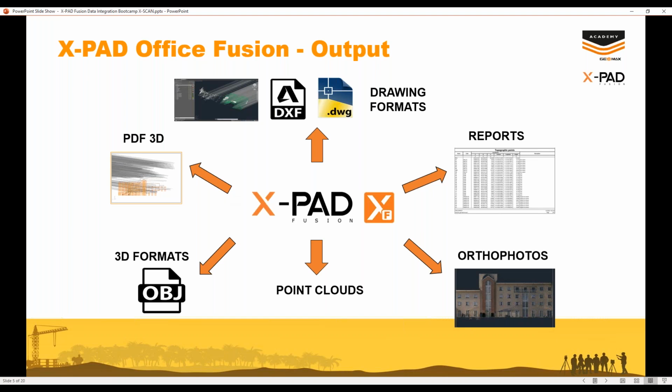We can create different reports and orthophotos, publish and create other reports and outputs for the point cloud data, plus OBJ files, the 3D formats, for example for mesh surfaces.